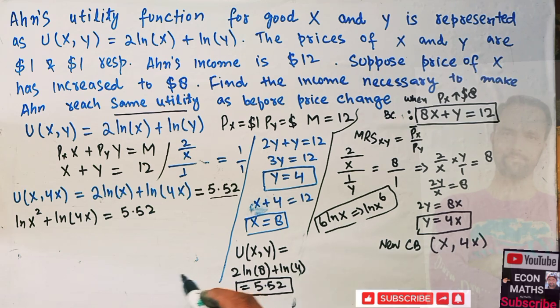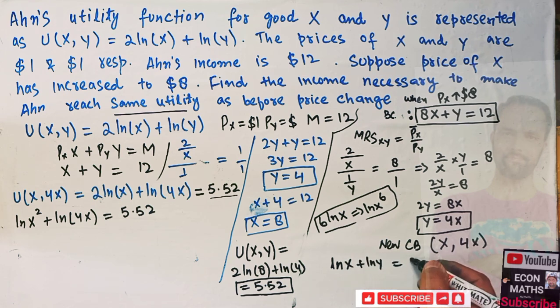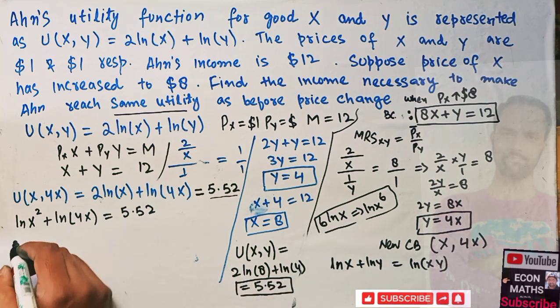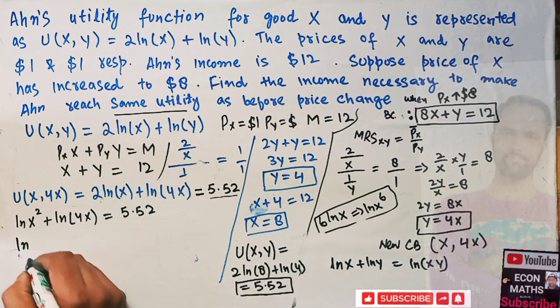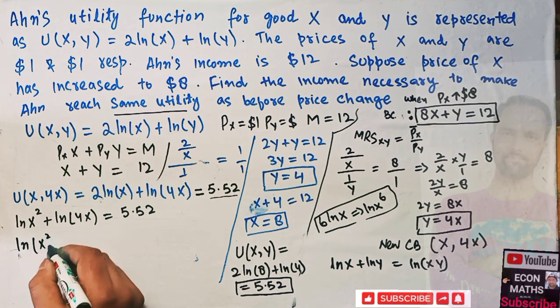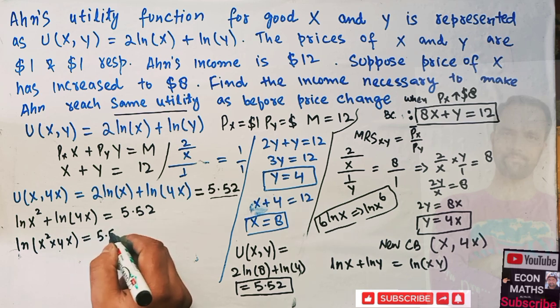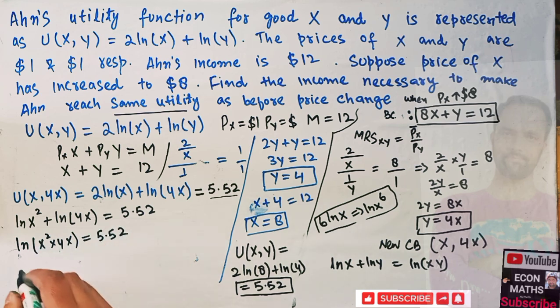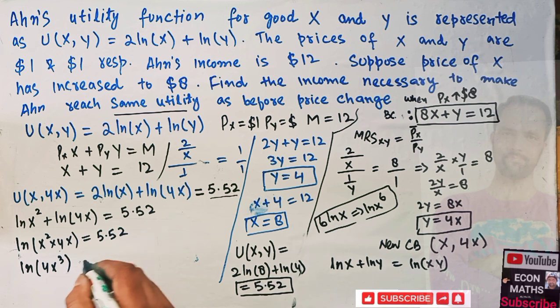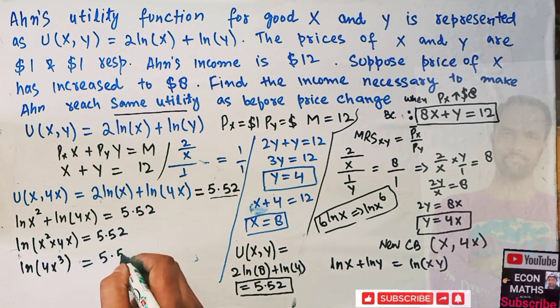Now by the law of logarithm, if we have ln x plus ln y, it can be written like this, ln of x into y. Same rule I apply here. That means ln of x square into 4x is equal to 5.52. x square into x is x cube. So we have ln of 4x cube should be equal to 5.52.